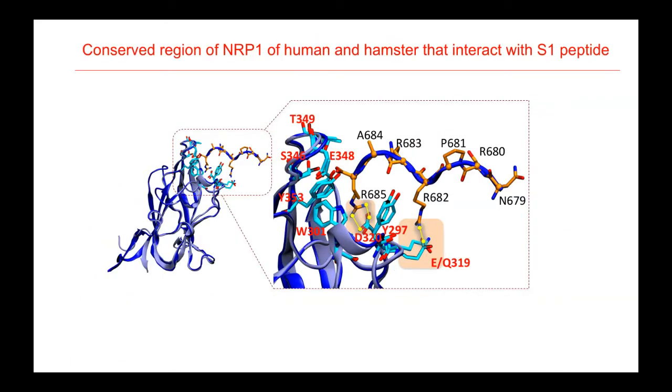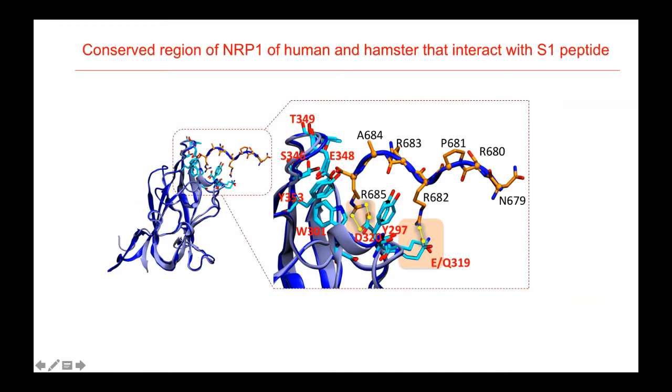After the NRP1 publication came out, we also did a very similar kind of structure. You can see the blue is the human and the ice blue is the hamster, superimposed on each other. You can see this peptide, which is the S1 portion of the peptide of the virus.